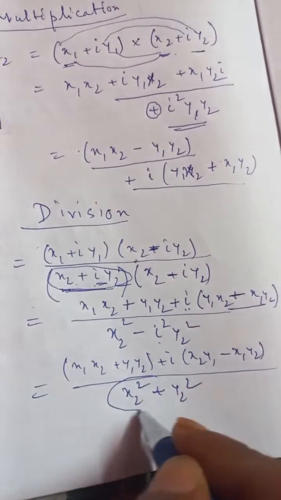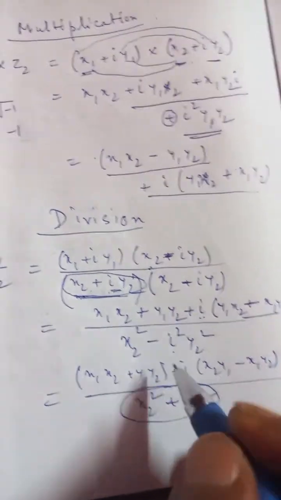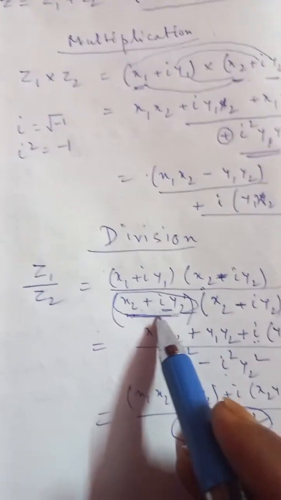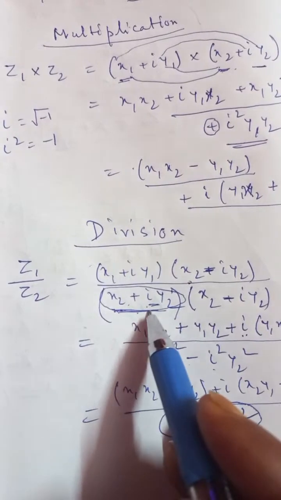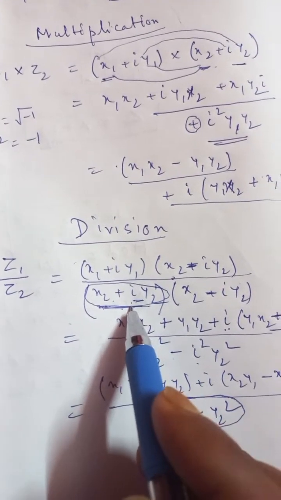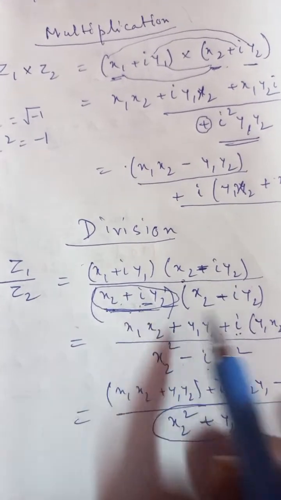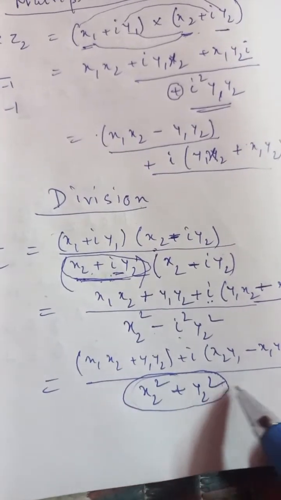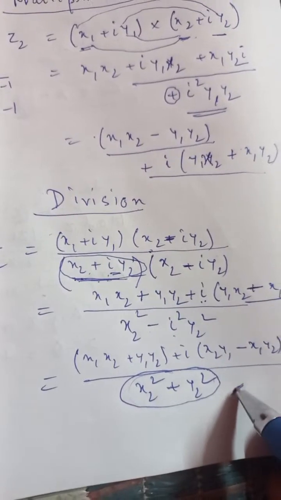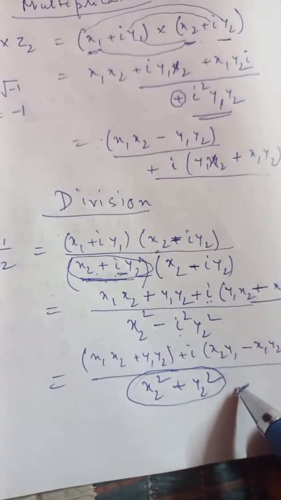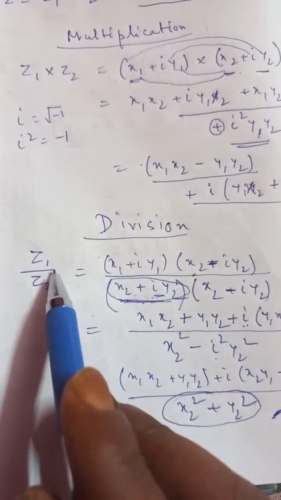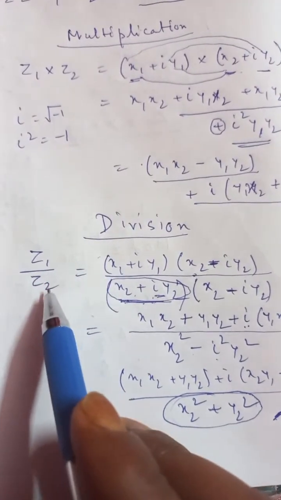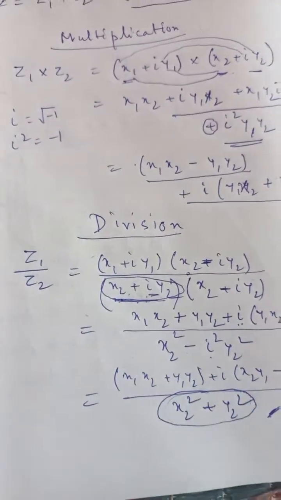So our focus here was that the denominator which was a complex number is now a real number. If we can find it in such a form, then we say that in this way we can divide complex numbers.